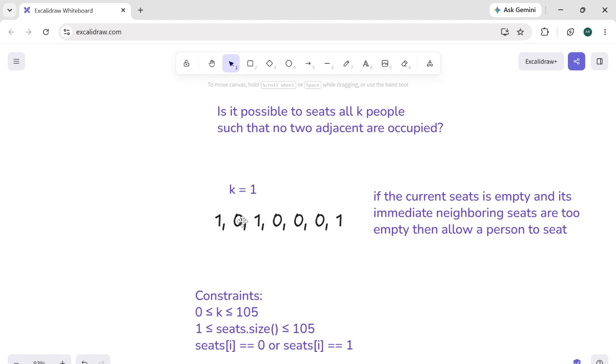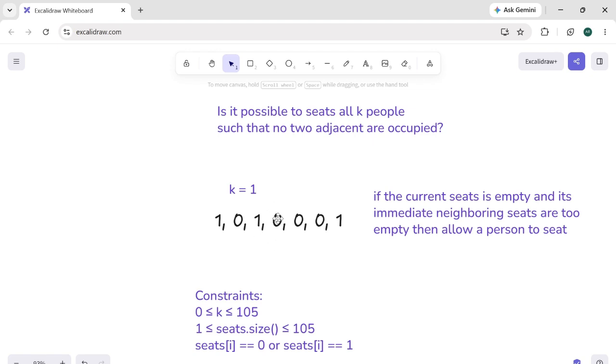Even if a single neighbor is occupied, you won't allow any person from this group of k people to sit here. Any of the neighboring seats being occupied means I will not allow him to sit here. This is now 1, so obviously we are not going to allow.